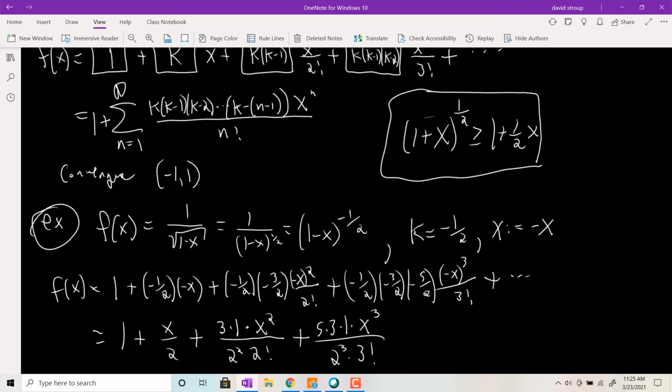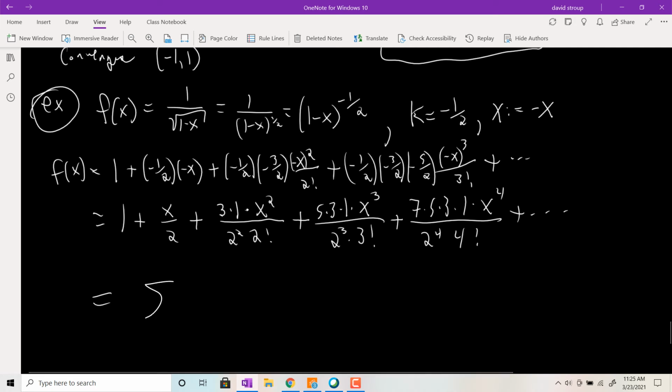You can see the pattern if you needed to go to the summation notation. So the next one is 7 times 5 times 3 times 1 times x to the 4th all over 2 to the 4th times 4 factorial. Okay, blah, blah, blah.